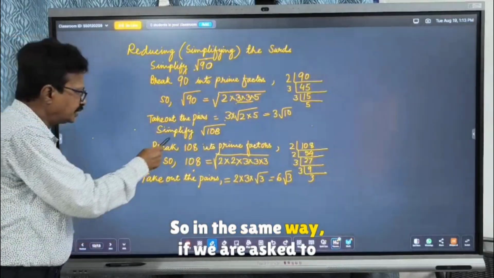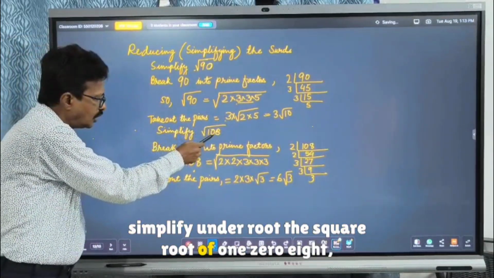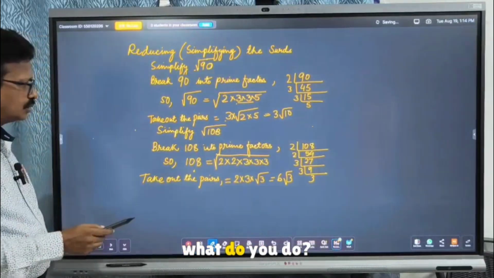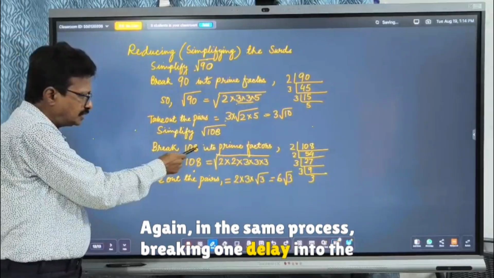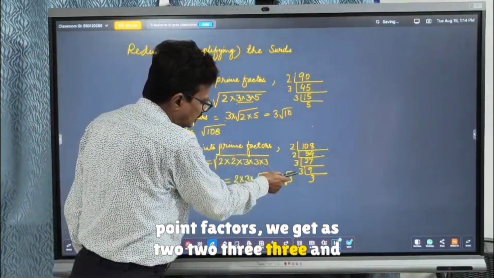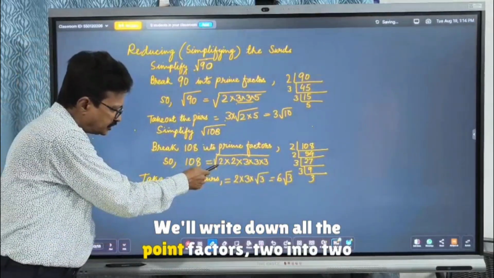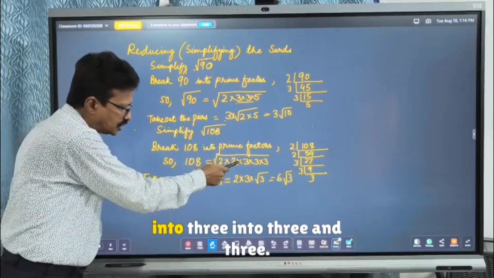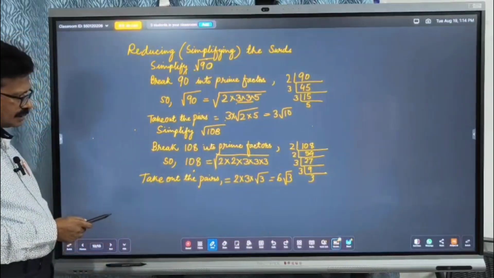In the same way, if we are asked to simplify the square root of 108, what will we do? Again, in the same process, breaking 108 into prime factors, we get 2, 2, 3, 3 and 3. We will write down all the prime factors: 2 into 2 into 3 into 3 into 3.